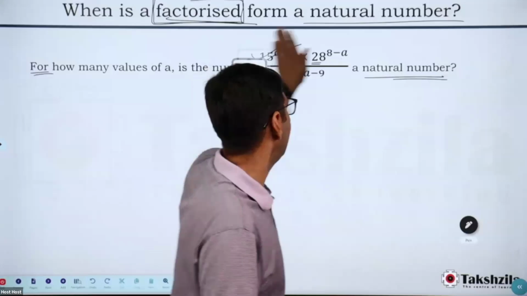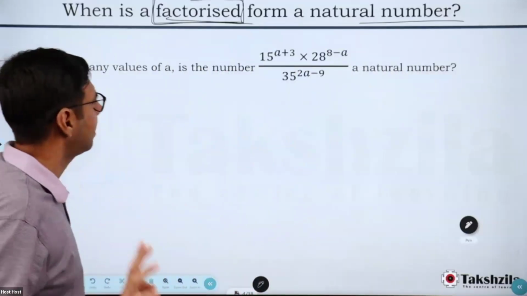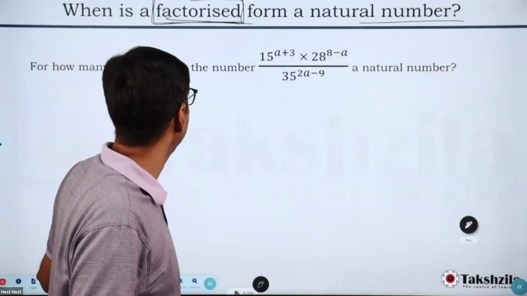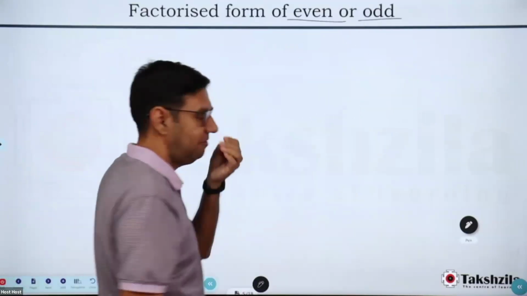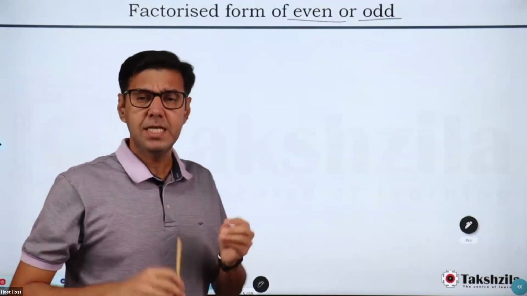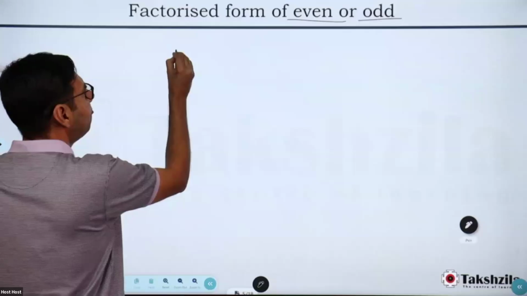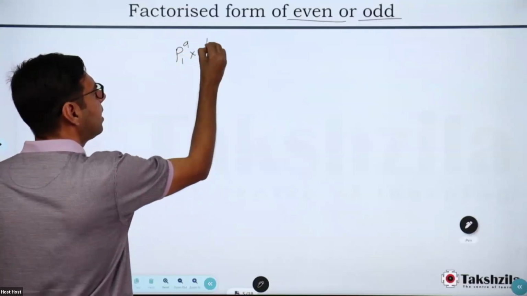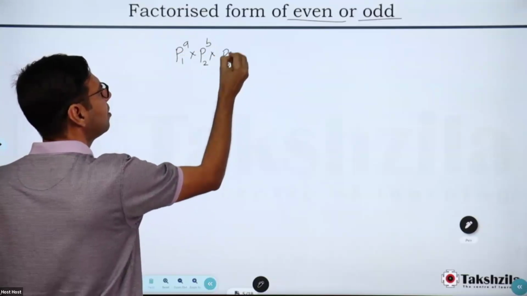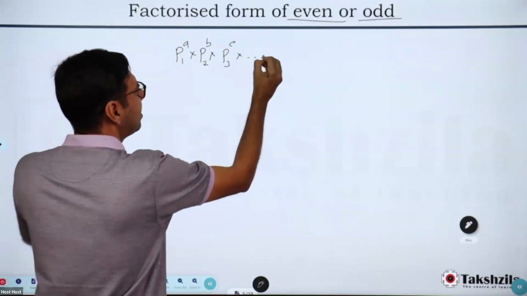Okay. So good enough discussion, a simple straight question, but sometimes it catches people. Now, what is a factorized form of even or odd numbers? Students, while the textbook form is this, it is quite clear that many people are not going to like this form.